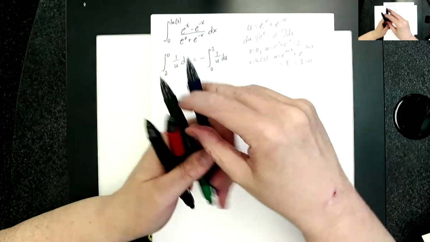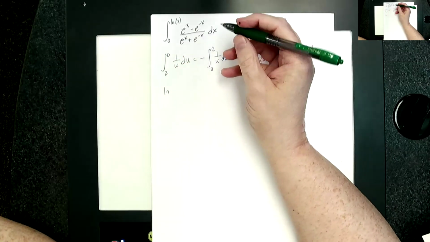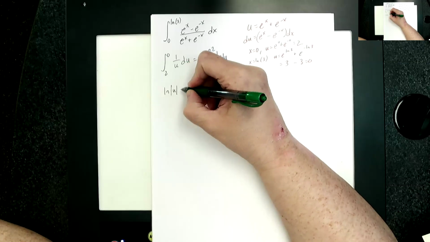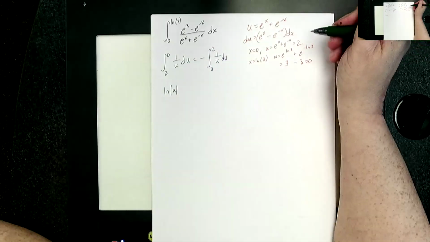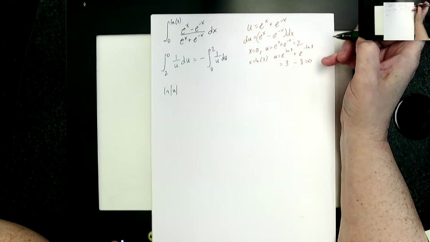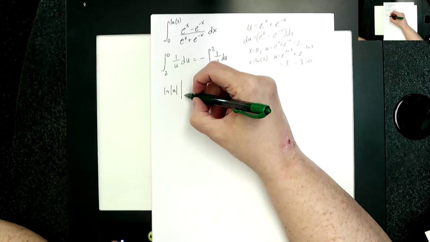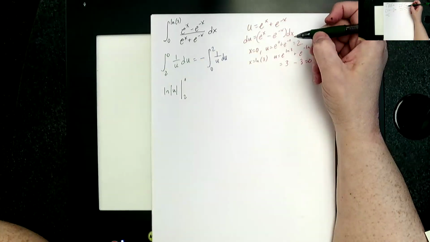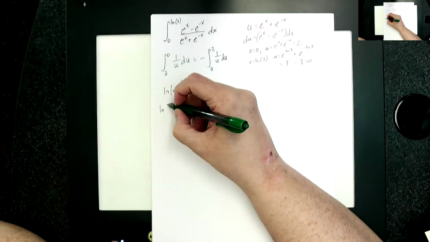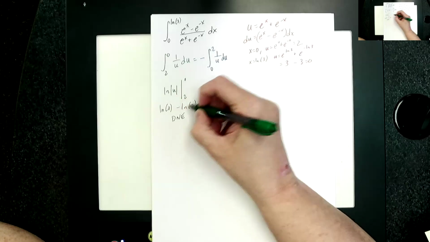If I do the left side through, this integrates to the natural log of u. This causes a problem because of the 0. Natural log of 0 doesn't exist.